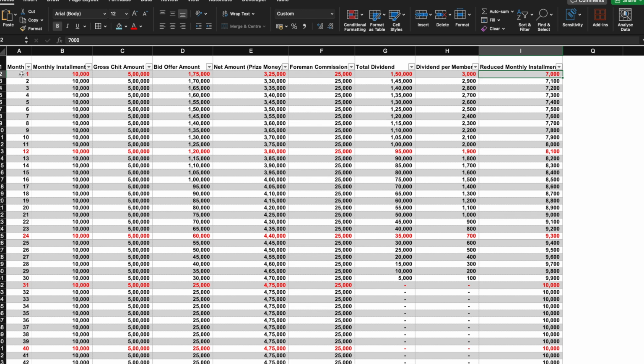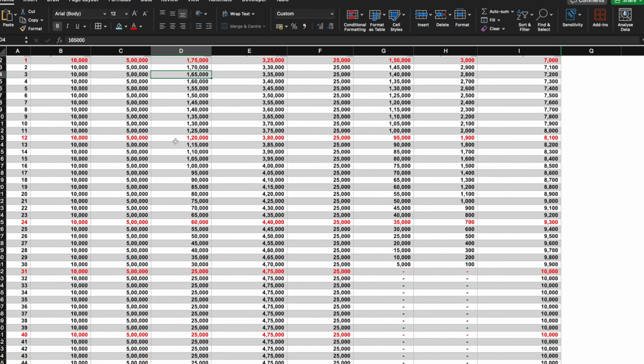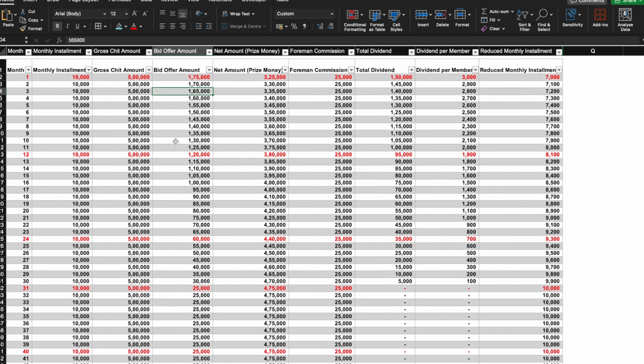So that being said, let us understand what happens when you bid for the 12th month. Let us say in my example, I took a reducing amount of bid because that makes more sense. In the first month, the amount you are taking is going to be outstanding for the whole 50 months.